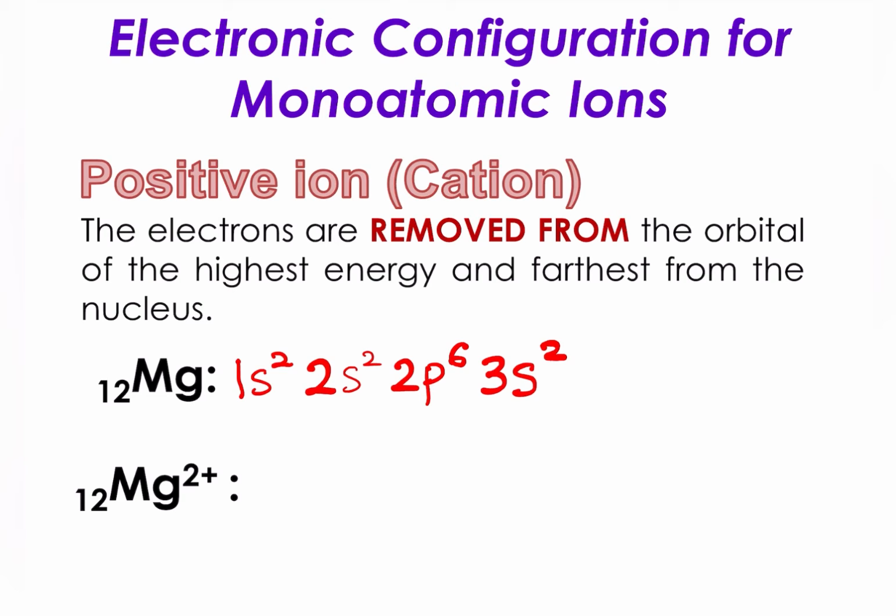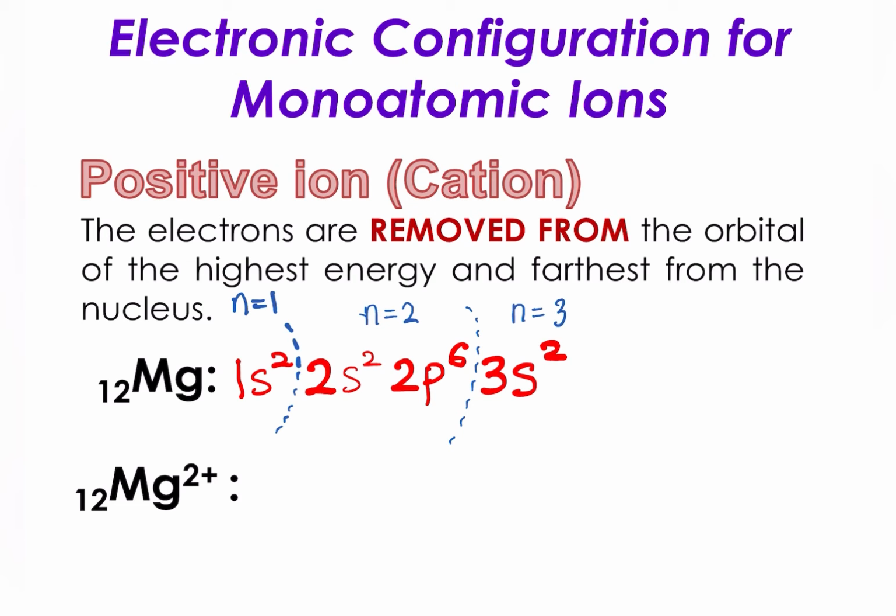For example, kalau saya anggap the first shell here, n equals to 1, here is going to be n equals to 2, and here is going to be n equals to 3. So n value boleh determine the size of orbital, the energy level, and also the orbit of that atom.